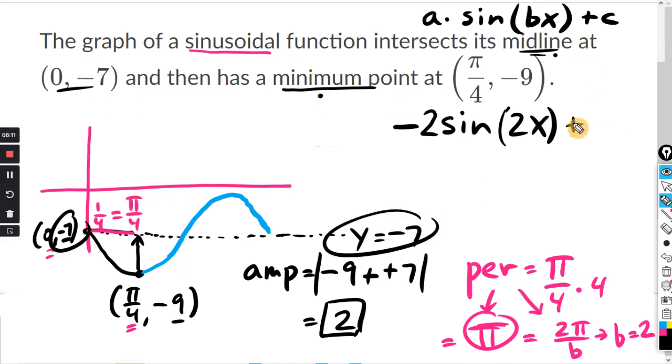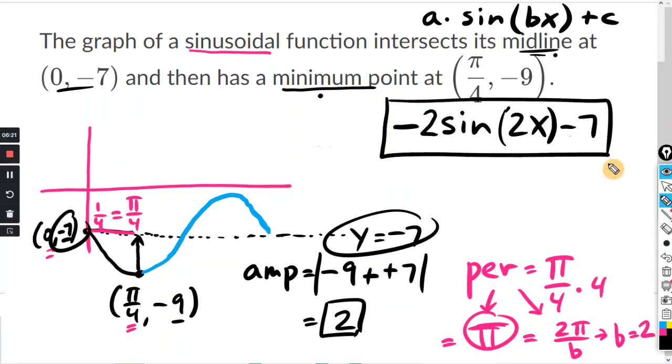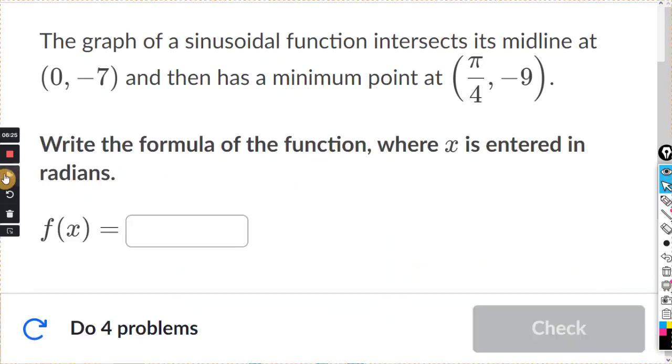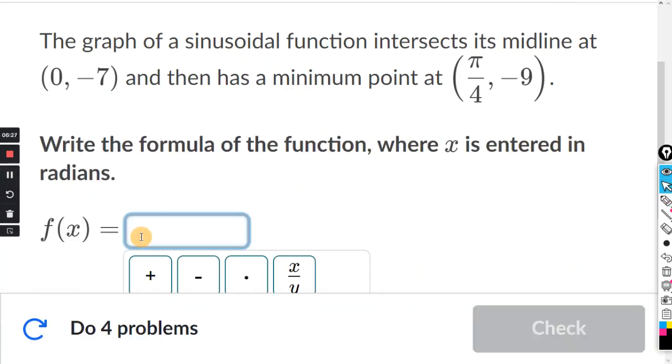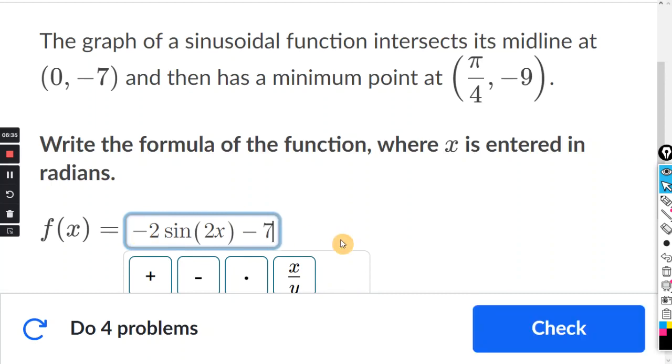So for the value of c, it is just -7. So that's it. Okay, -2 sine parentheses of 2x outside the parentheses -7.